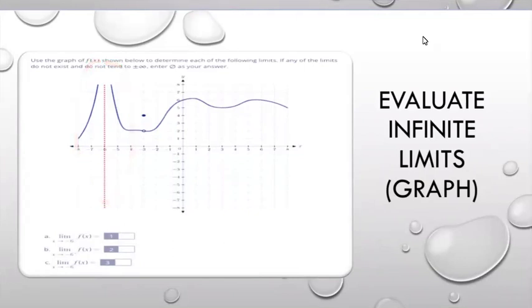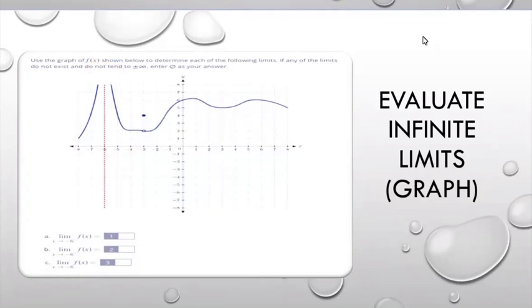We have seen this before. When the y value is increasing or decreasing without bound, it is because actually we have a vertical asymptote. We have learned about vertical asymptotes before when you took that pre-calculus class before coming into calculus.